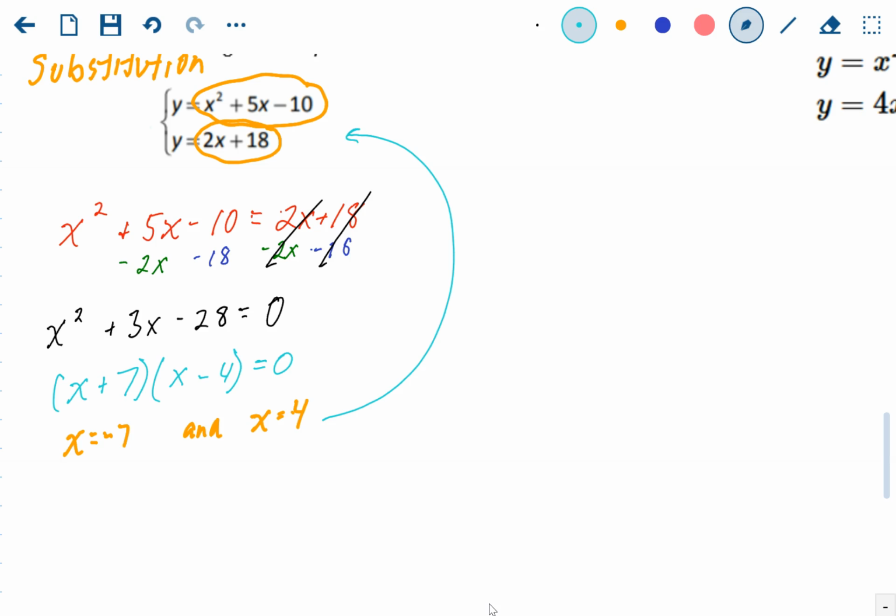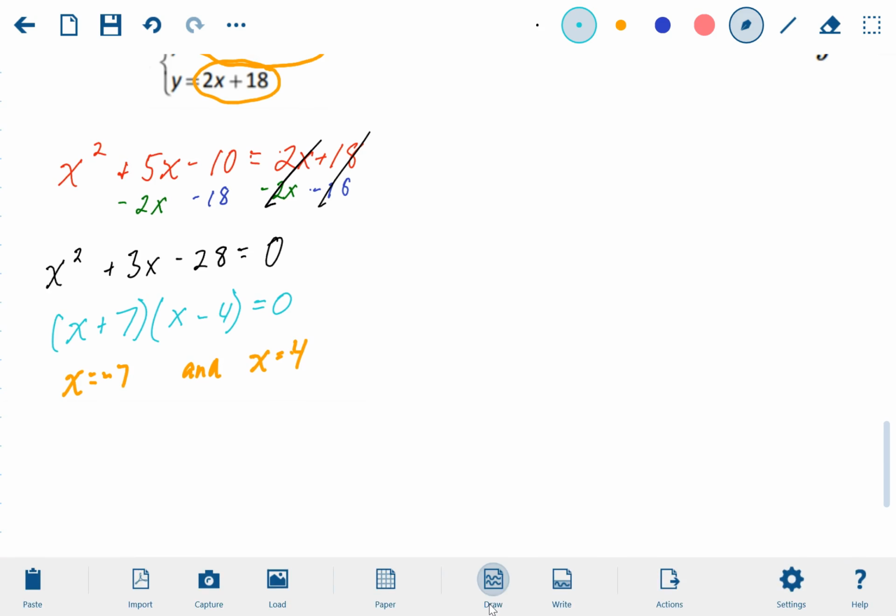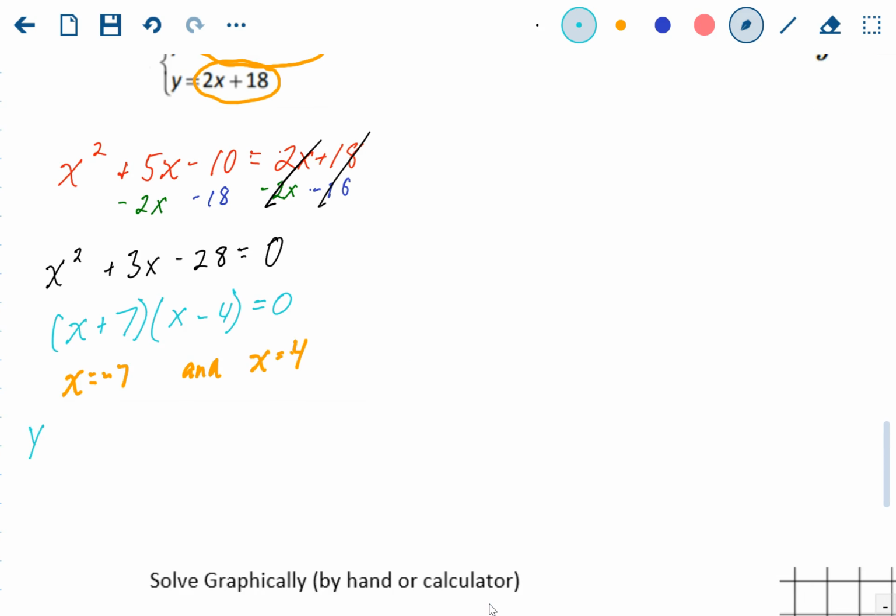Okay. Now you could pick either equation. You could pick the quadratic one, or what most people would do is they pick the linear one. Linear one's easier. There's only one x value. Okay. All right, so we'll take that linear equation, y equals 2x plus 18, and wherever we see x, we're going to plug in our x values. In this case, negative 7 over here. Okay. That's negative 14 plus 18, so y equals 4.